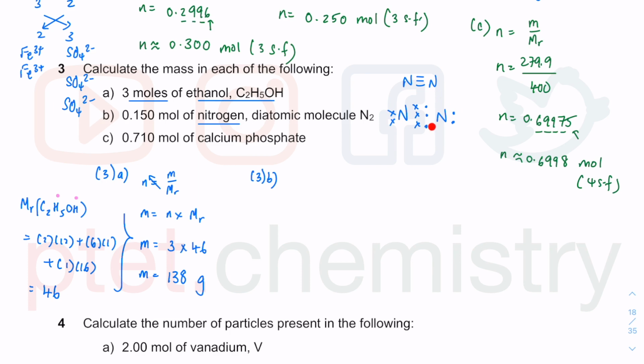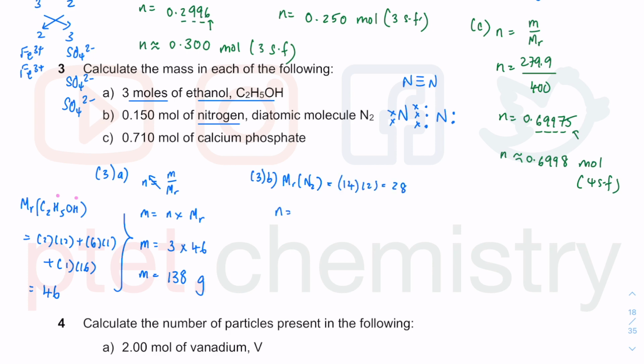Therefore, you started with 5 in the outer shell. You just need to share 3 more to give you this really strong triple, because 3 covalent bonds there. So we need to work out the Mr of N2. That's how nitrogen exists, as this 78% of nitrogen in your percentage composition of the air, which is a mixture of gases, right? So 14 times 2, which gives you 28.